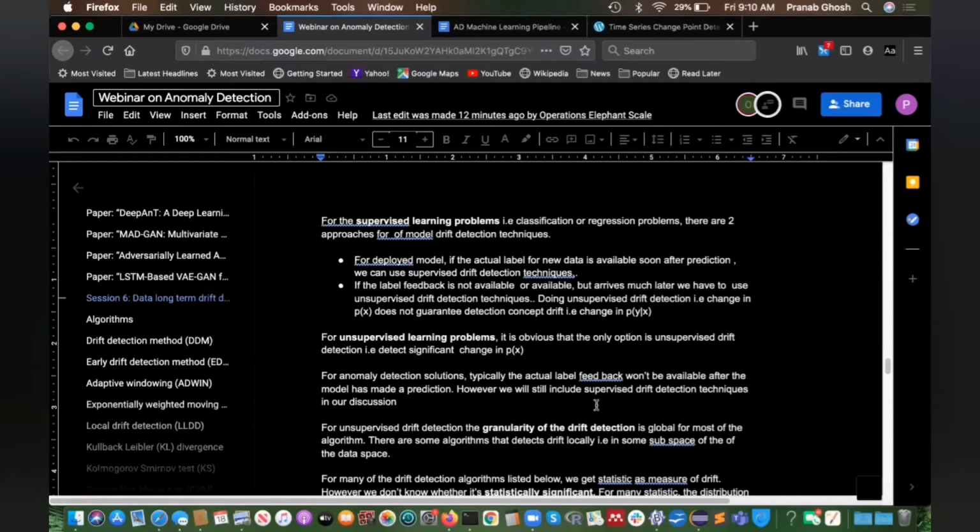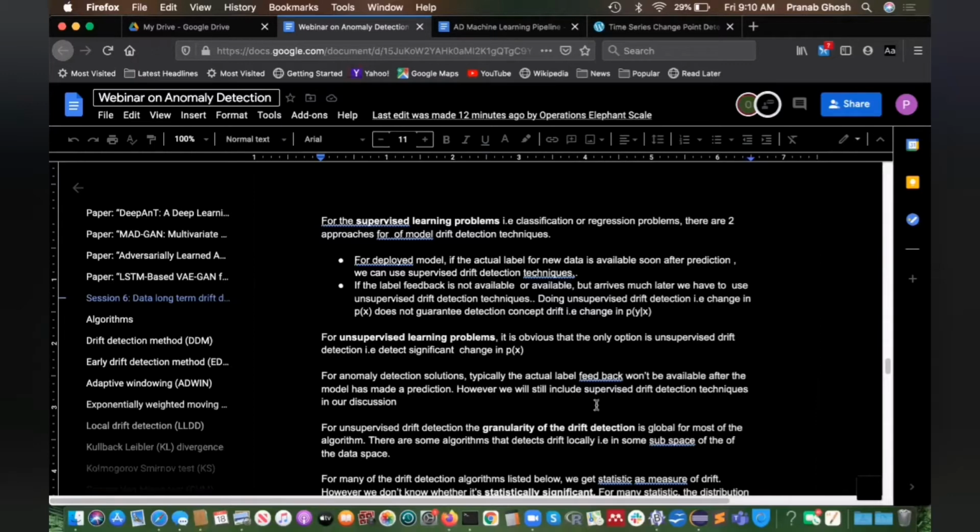If the feedback is available soon after the prediction is made, then you can use supervised drift detection techniques. If the actual label is not available, or it's not available within some reasonable amount of time, then you have to use unsupervised drift detection techniques.